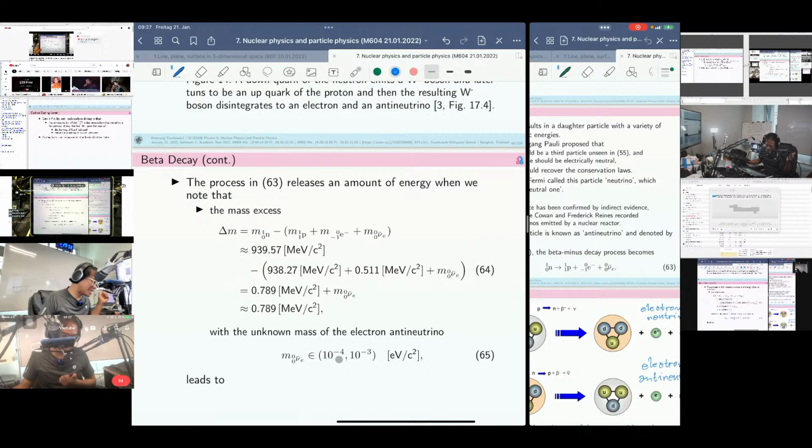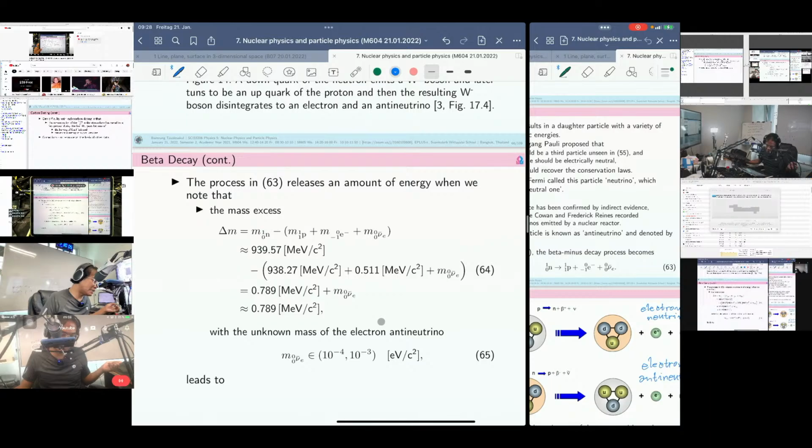Mega means million. But they believe that the mass of the electron neutrino is not in mega electron volts, it's only in electron volts. It's 1 million times less than the scale of the electron mass.